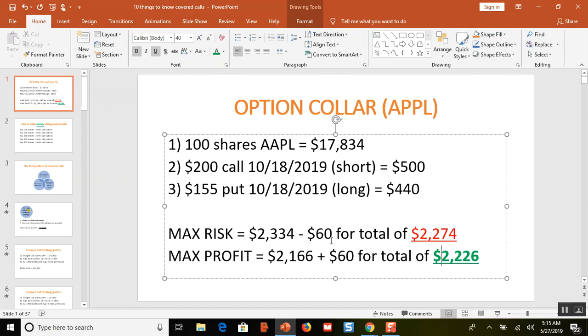Reason being is because if, let's say, Apple goes to 205, well, unfortunately you own a short call option, which means somebody else has the right to buy Apple at $200 a share from you. So if Apple goes to 205, then that person could buy Apple at $200, and you are obligated to sell that by the contract at $200 a share, even though it's worth $205.